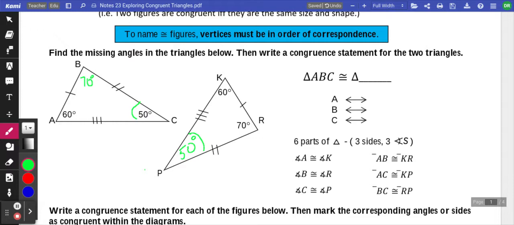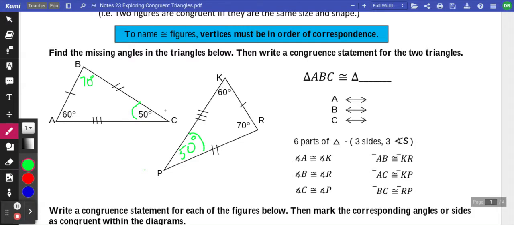So when we look at these two triangles, we can talk about their points corresponding to each other, which is what's being said in blue up here. To name these two triangles as congruent, we just figure out which vertices are aligning to each other. So, for example, angle A is 60 degrees, angle K is 60 degrees.